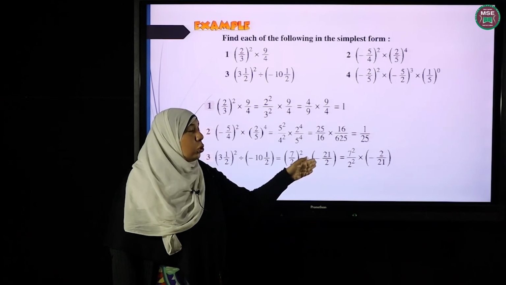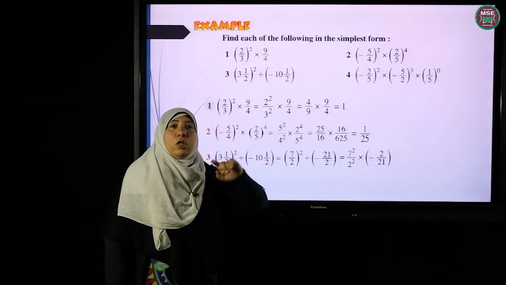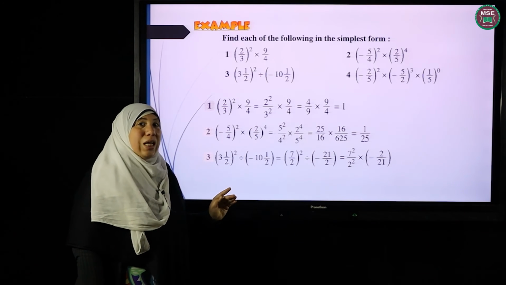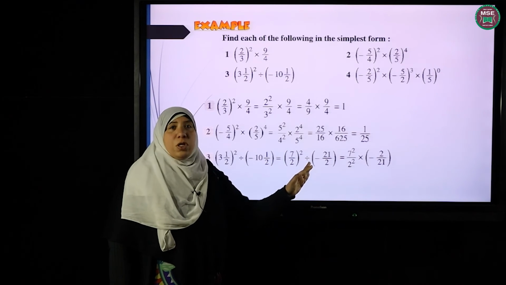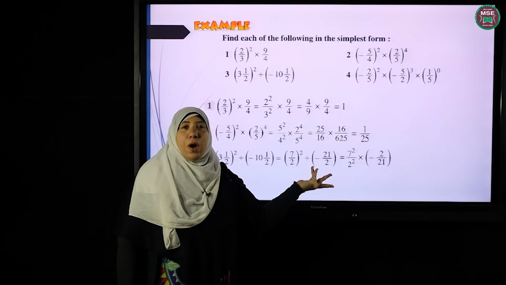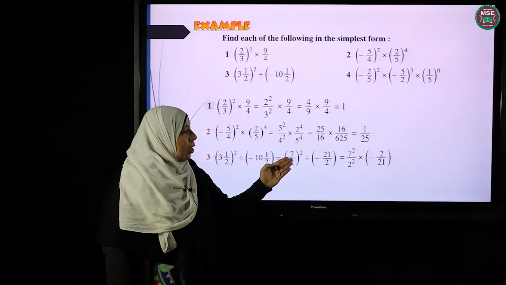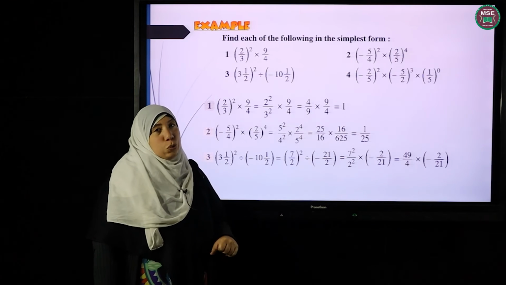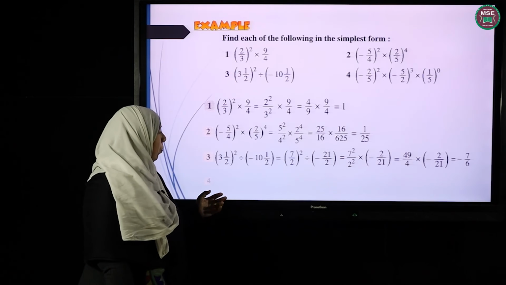So negative 21 over 2, I will write as negative 2 over 21. So we don't make a divide, and we said that before in the first term. We change the divided operation into times operation and change the number after the dividing sign upside down. Now it became multiplying. 49 over 4 times negative 2 over 21 equals negative 7 over 6.